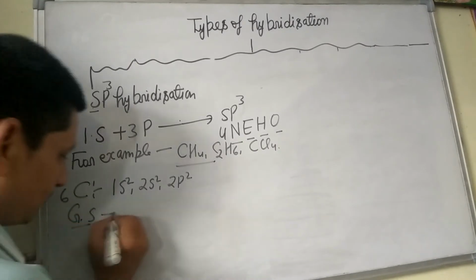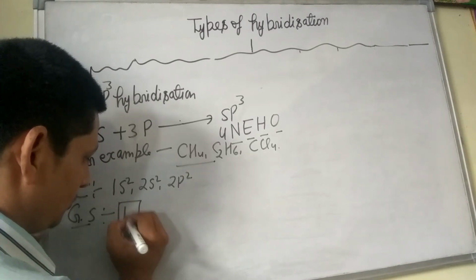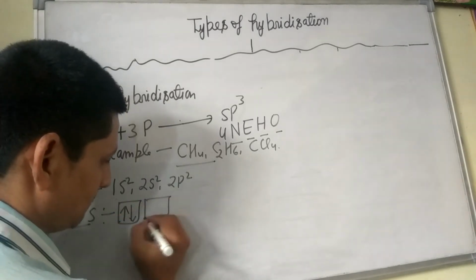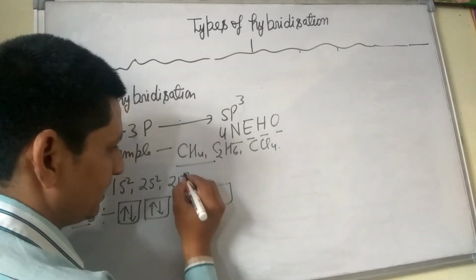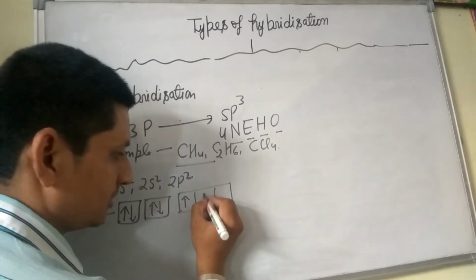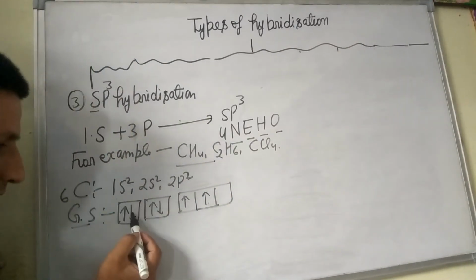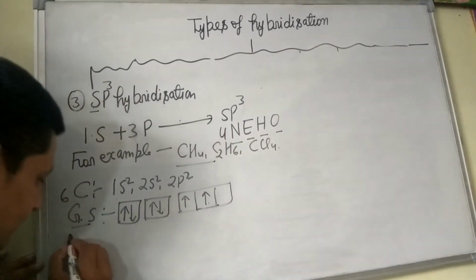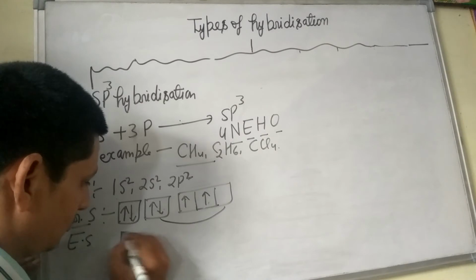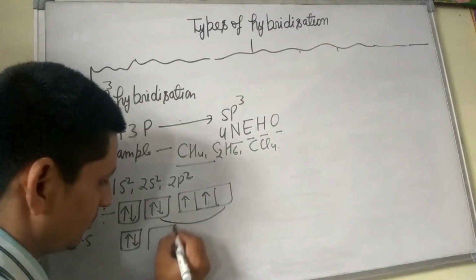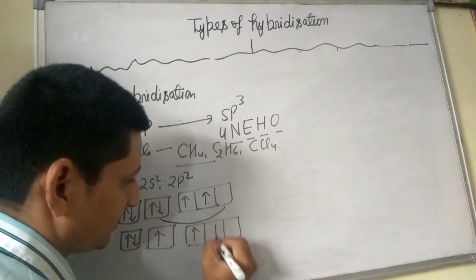In the ground state, electrons fill the orbitals as 1s 2 electrons, 2s 2 electrons, and 2p 2 electrons. In the excited state, 1 electron jumps from the s orbital to the p orbital. So we have 1s 2 electrons, 2s 1 electron, and 2p 3 electrons.